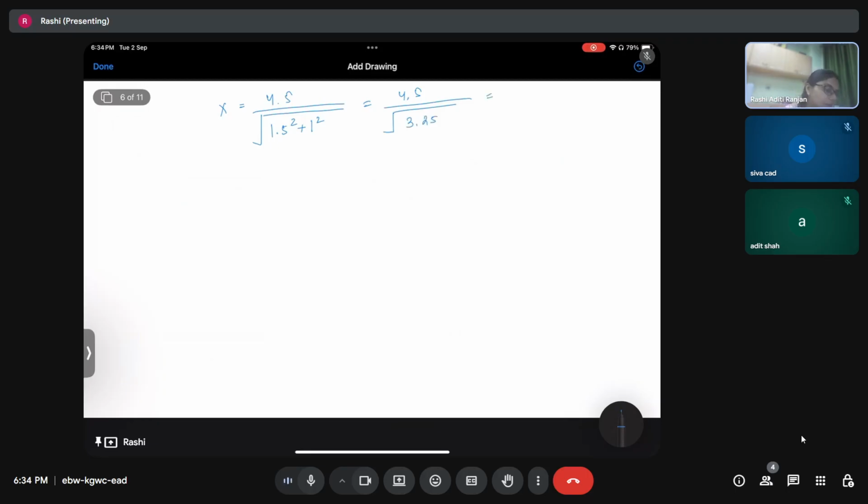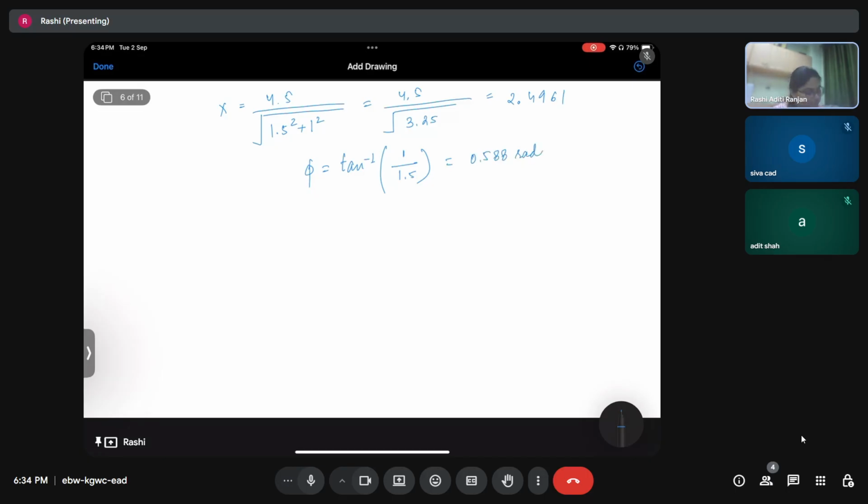So this will give us the final value. I have done the calculation as 2.4961. This is going to be the amplitude. And phi is going to be tan inverse of omega by a. So omega was 1 and a was 1.5. If you evaluate this, it is going to come out as 0.588 radians.